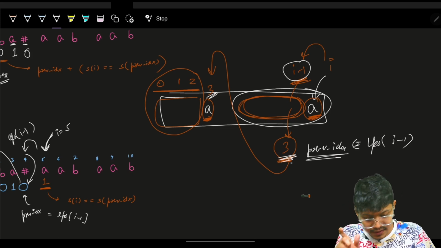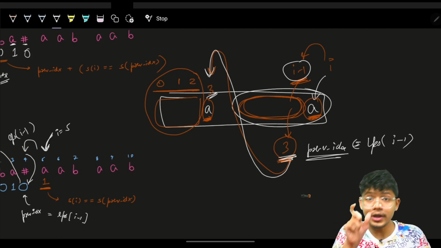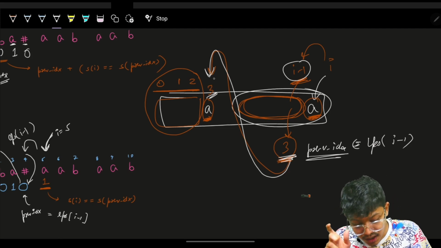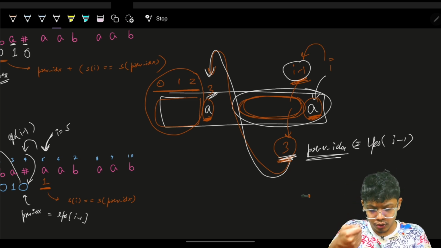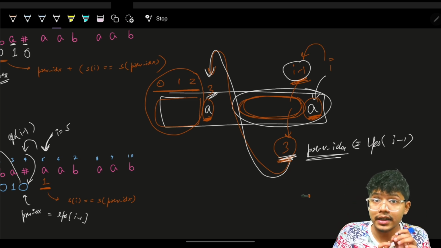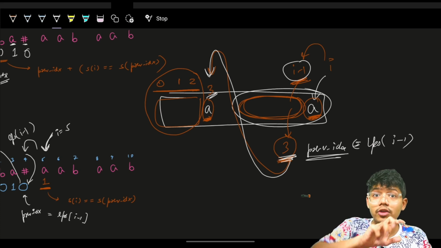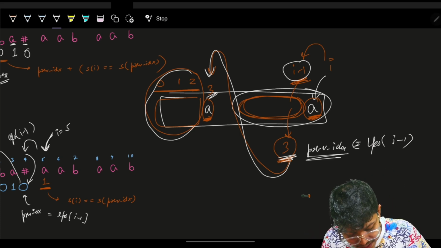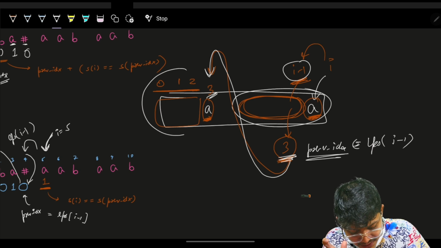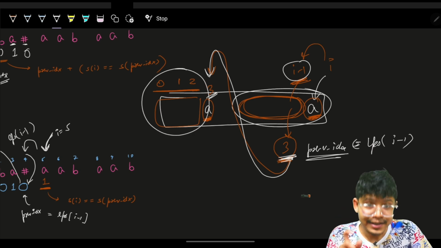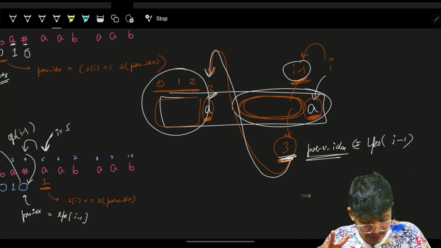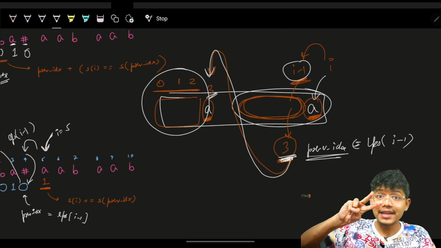Now this will point to an index. This index shows it is the third index element. Third index element actually means that I have completed 3 elements.